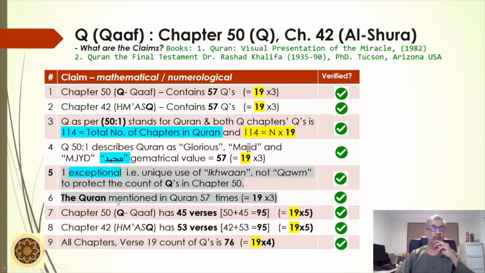The word Quran itself is mentioned in the Quran 57 times, which we showed as well, and 19 times 3 gives you 57.